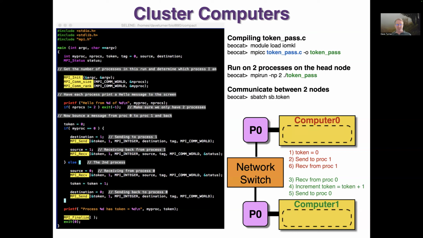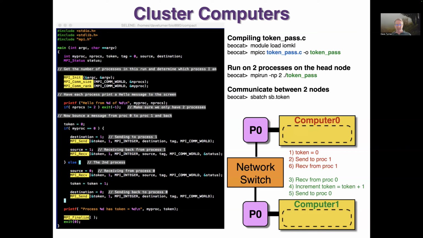MPI_Comm_size returns the number of processors into the variable nprocs there. And then each one is going to have its own individual rank. I call it myproc, and some people call it rank or iRank or something like that.